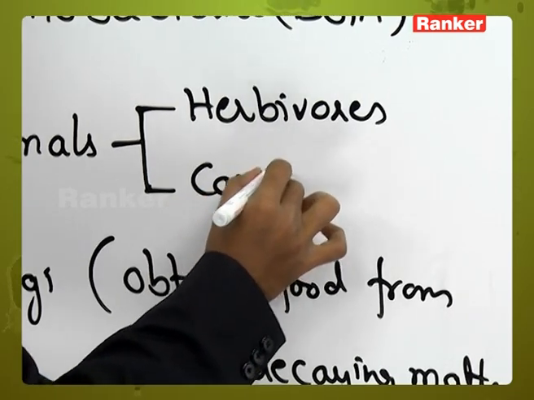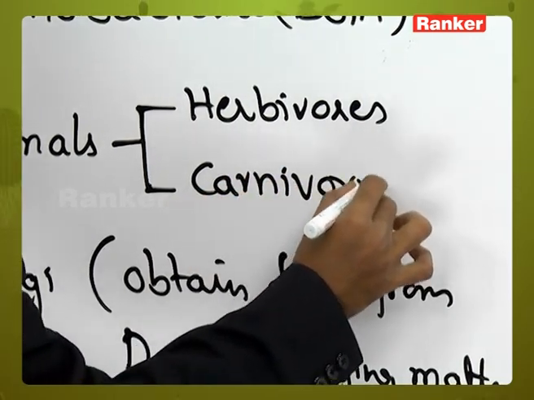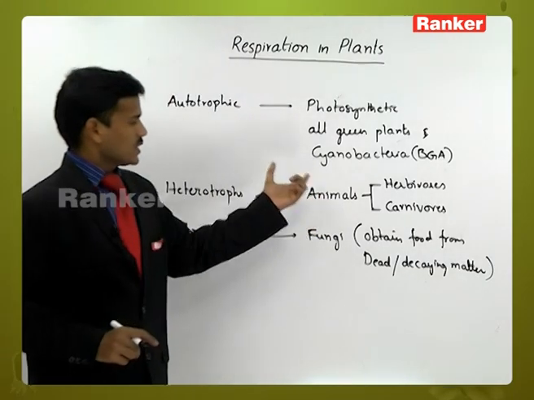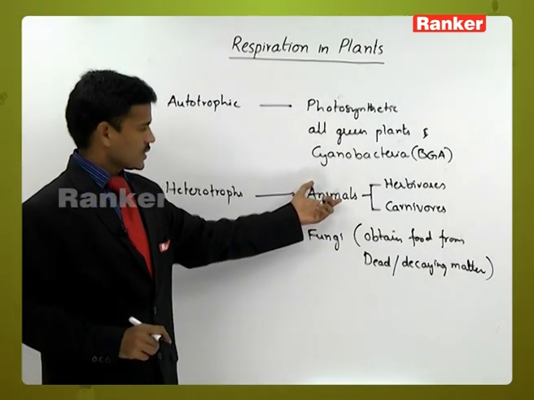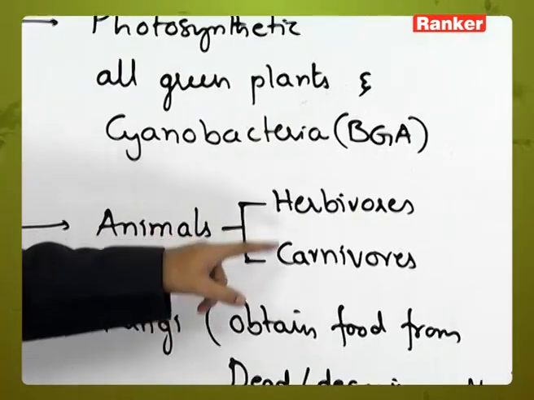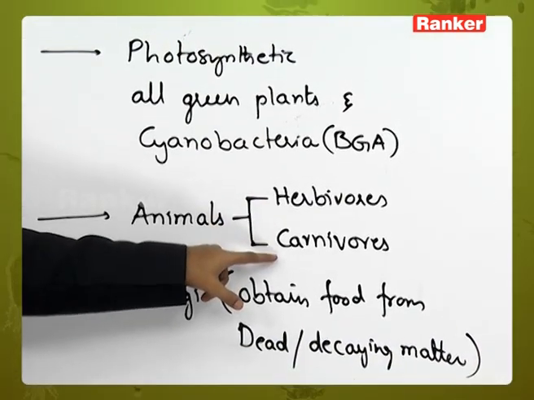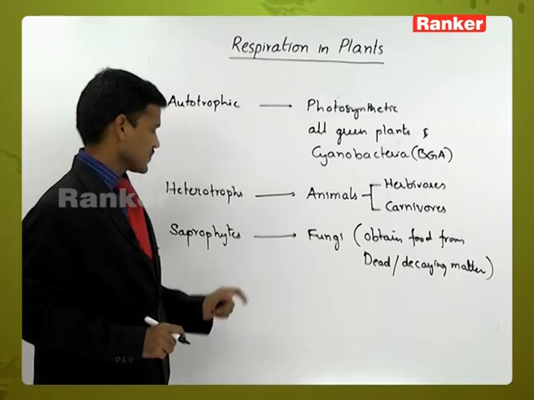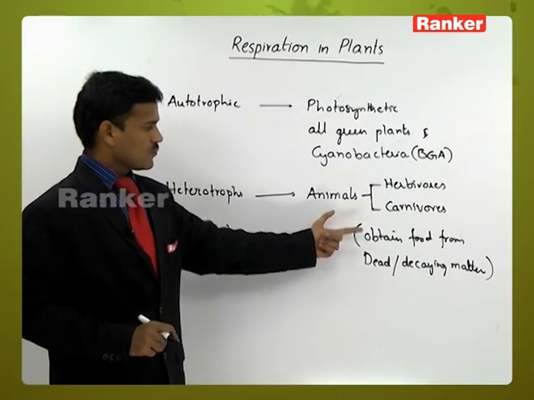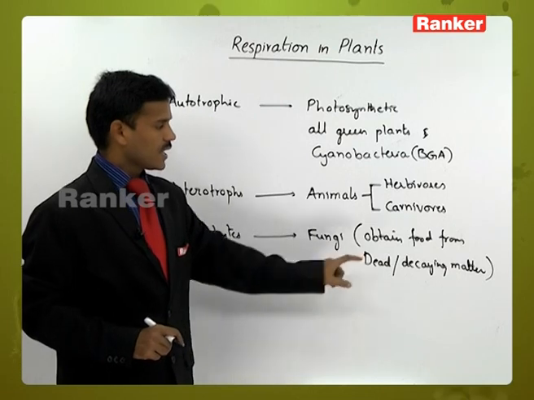Carnivores: some animals are eating other animals. So these are carnivores. Herbivores depend for food material on plants. Carnivores depend for food material on other animals. So fungi obtain food from dead or decaying matter.